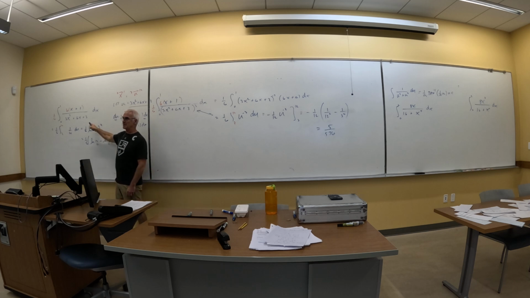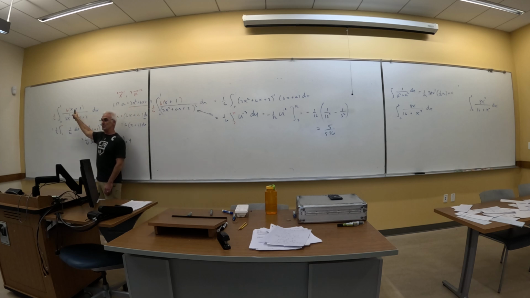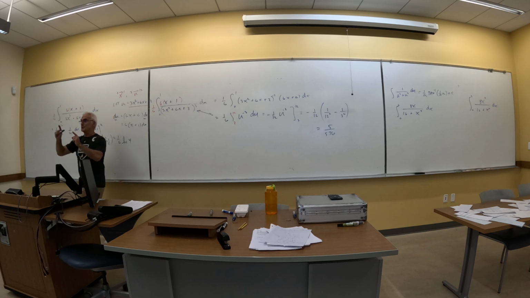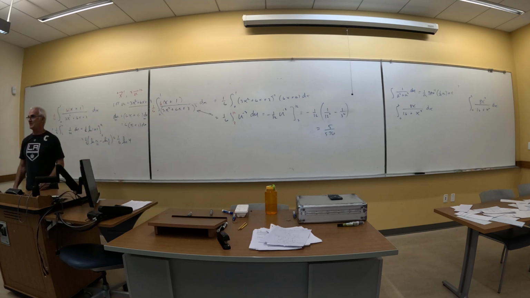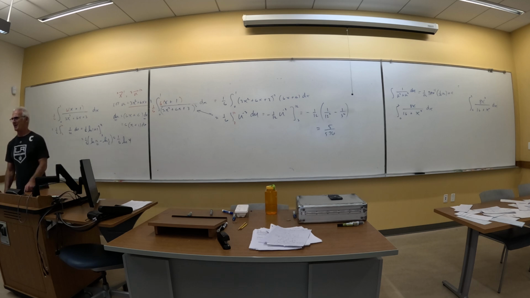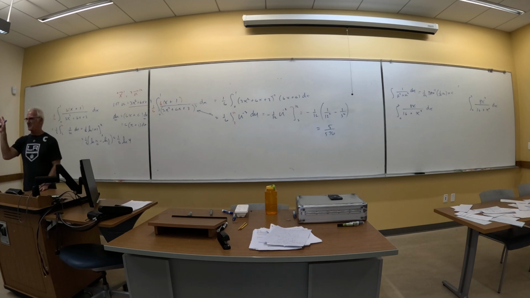This did not have an exponent in the bottom. So we kind of lucked out because the degree of the numerator was one less. When the degree of the numerator is one less, I'll give you a hint. In Calc 1, it's always going to be the derivative. In Calc 2, it's never going to be the derivative. You've got to do other stuff. But in Calc 1, it always works out just so beautifully.